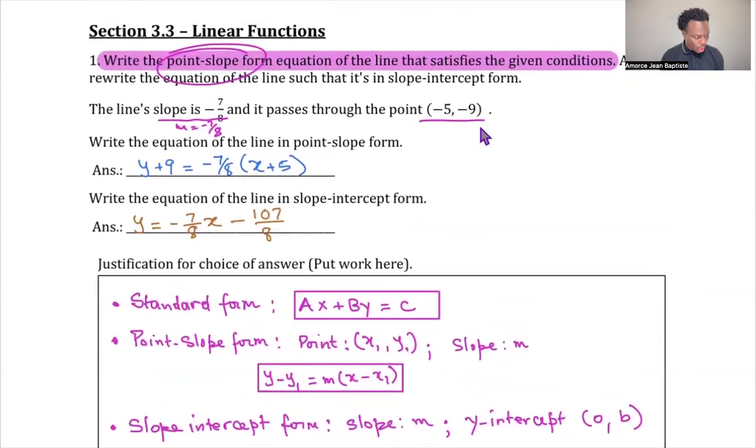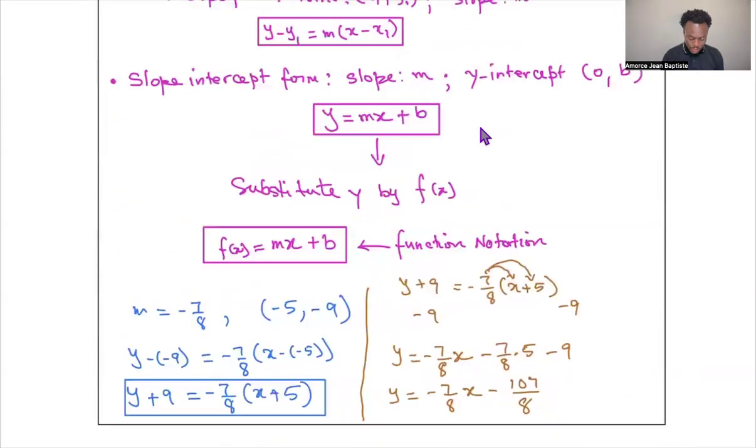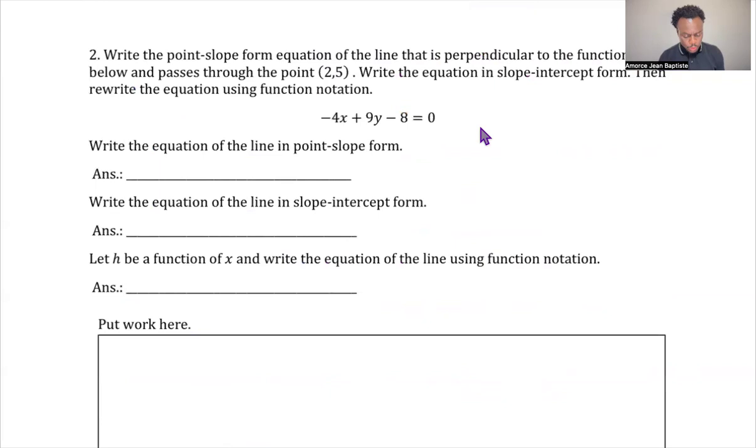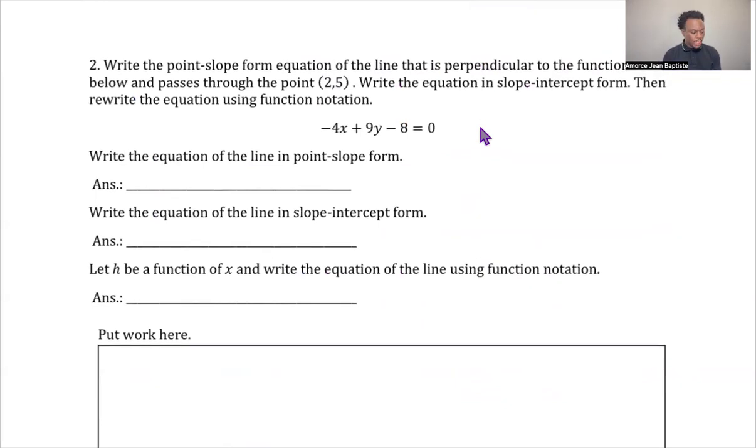All right, that solves the first problem that we needed to solve. Next problem here, and we need to pay close attention to what they ask us to find. They want us to first write the slope and the point slope form.